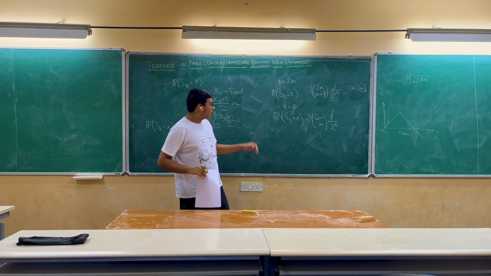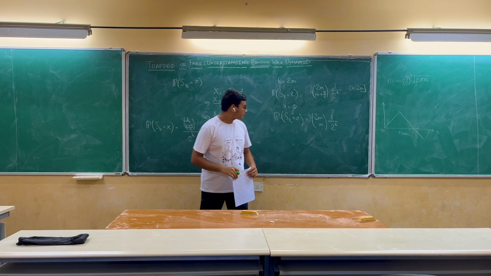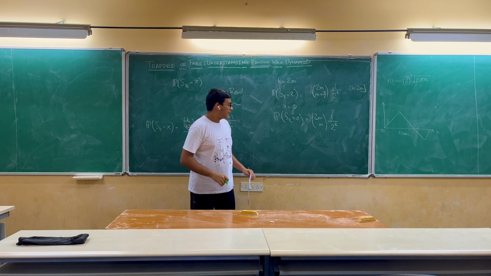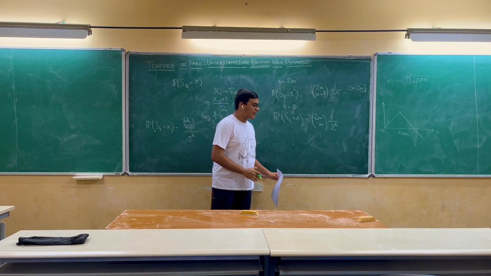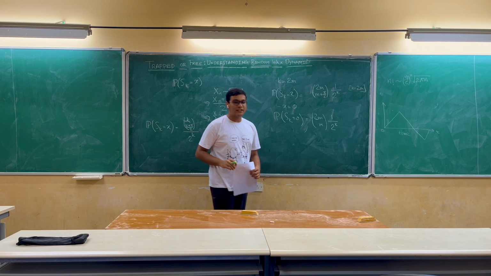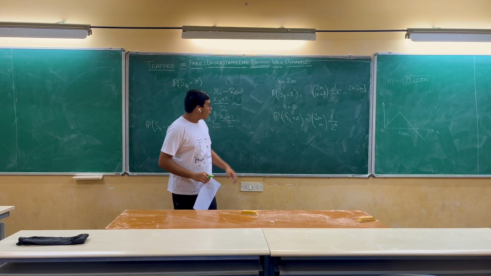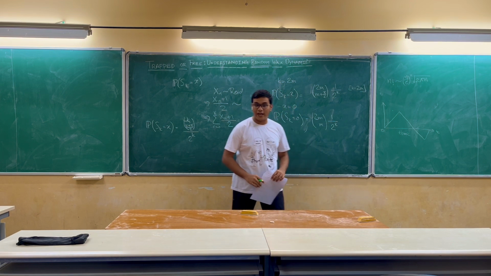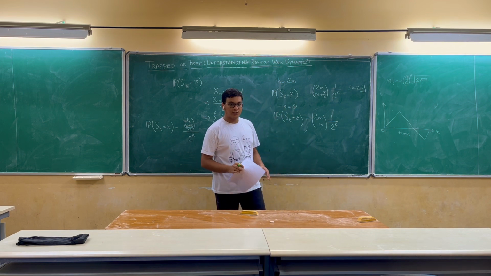So for a one-dimensional random walk, the probability that after k steps the random walk is at position x is maximized at the origin, and not only for the one-dimensional random walk. We will later see that it is true for a random walk in any dimension.